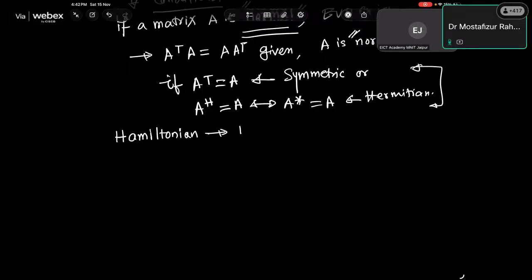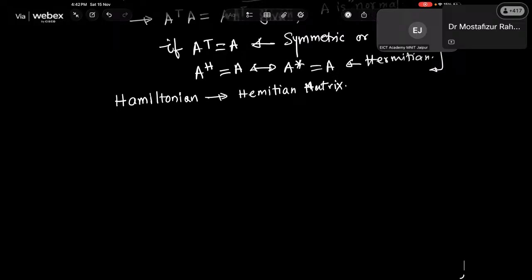The Hamiltonian is in general a Hermitian matrix. There are non-Hermitian Hamiltonians, but in general physicists consider Hermitian Hamiltonians for an isolated quantum system. Because if they are Hermitian, then I can always do eigenvalue decomposition.